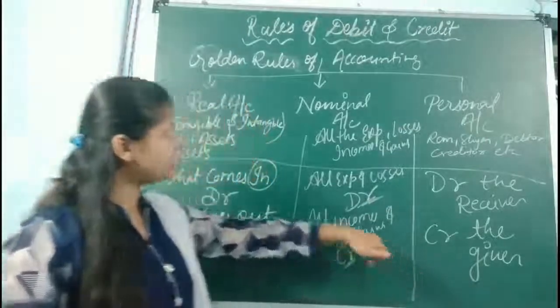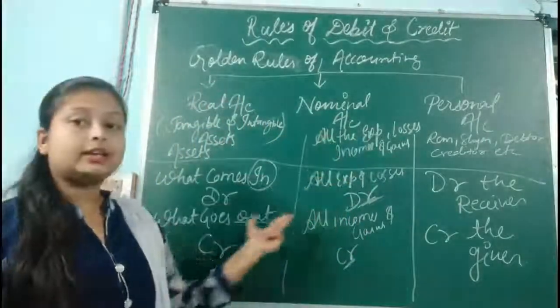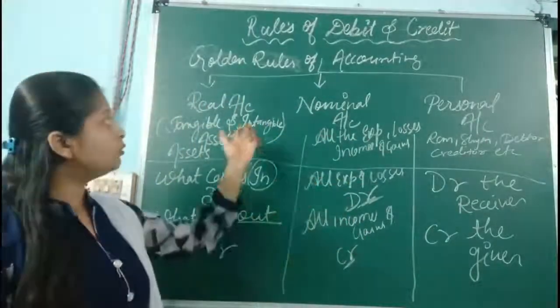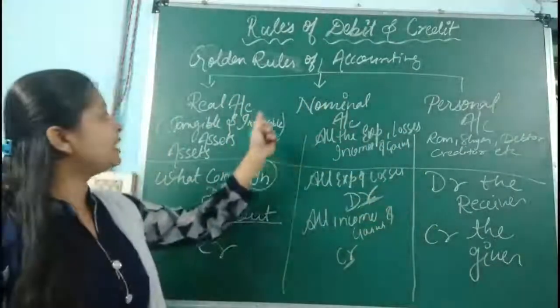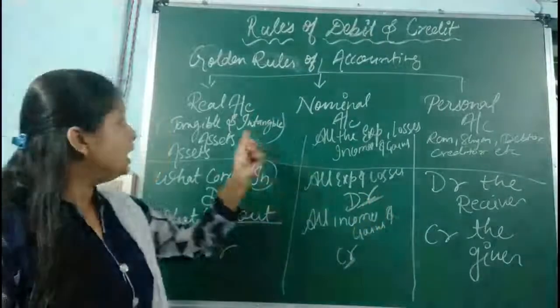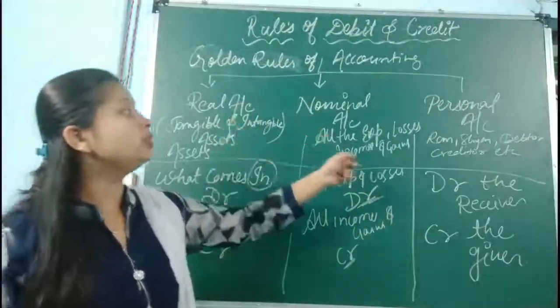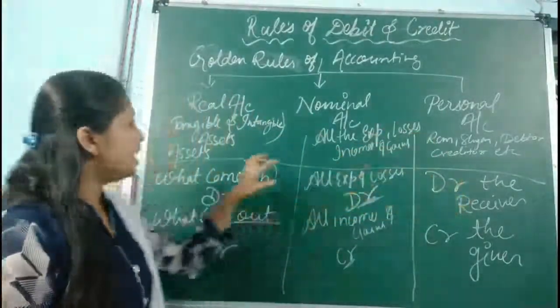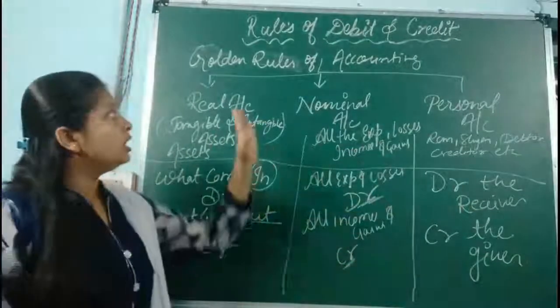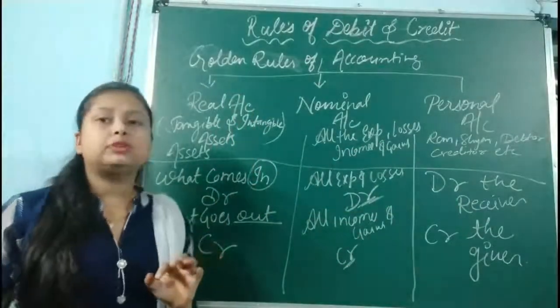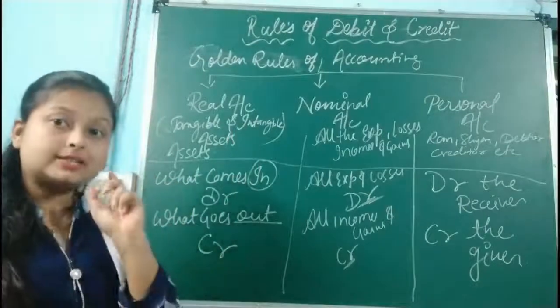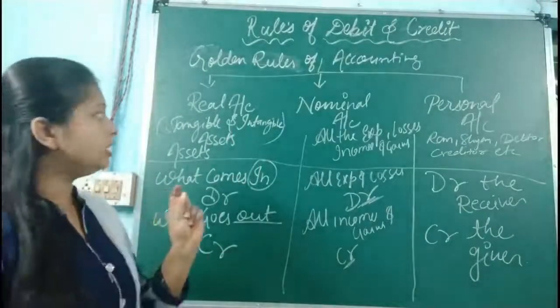I think these rules are clear to everyone: what the golden rules of accounting say, how many types of accounts there are, what all they comprise, and what the rules are. Rules of debit and credit, as I already said, debit and credit are the symbols of accounting.